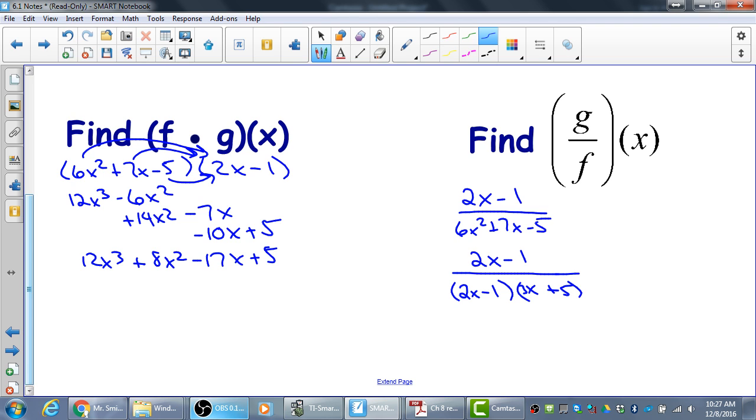So we'd have positive 10x minus 3x. And the reason we want to factor is because now these cancel out. So the answer is 1 over 3x plus 5. Now you want to check to see if that happens. If it doesn't factor, you're done in one step. If it factors, you got to cancel it out. Any questions on that? It has to be exactly the same. I hope that's obvious in order to cancel.